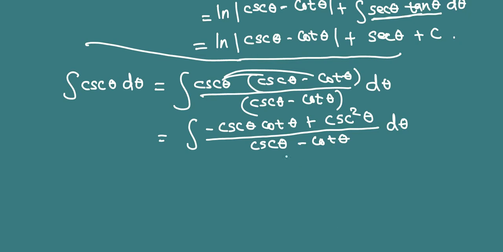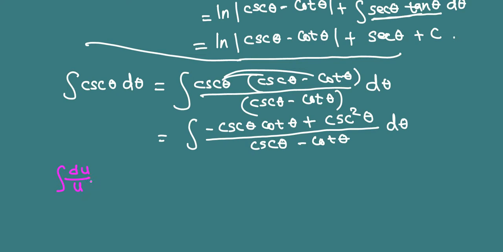The magic here is the top is just the derivative of the bottom. What is the derivative of cosecant? Negative cosecant cotangent, minus the derivative of cotangent, which is negative cosecant squared, so minus negative gives plus cosecant squared. So we have the form du over u.